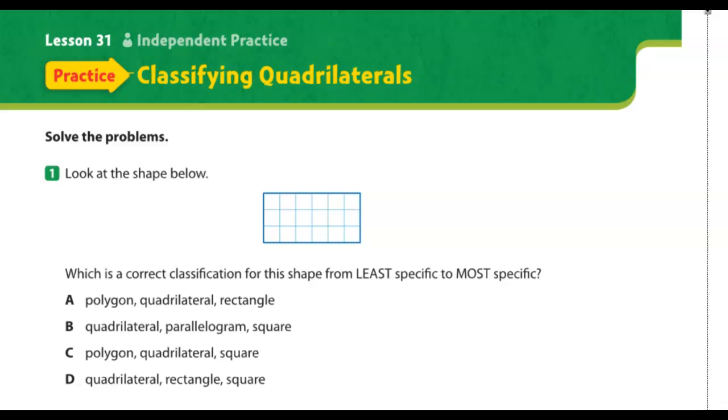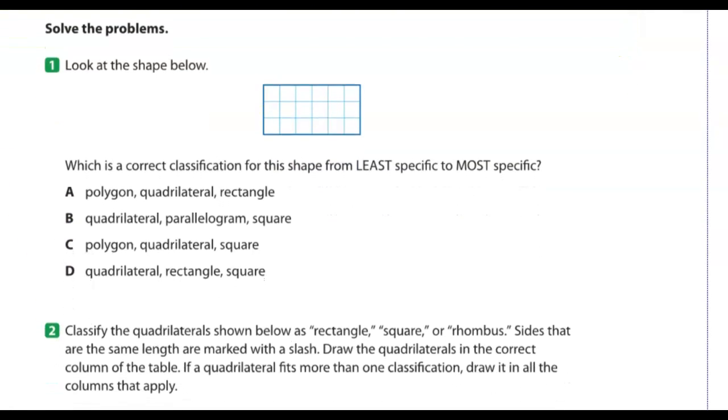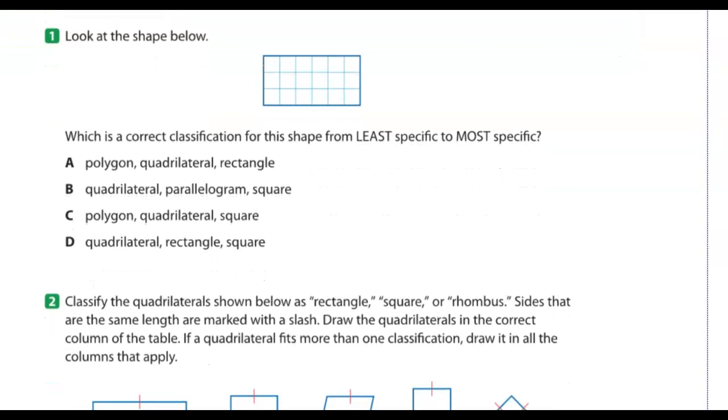All right, I hope everyone has now turned to page 332 and is ready to begin. Number 1, look at the shape below. Which is a correct classification for its shape from least specific to most specific? So from general to specific.